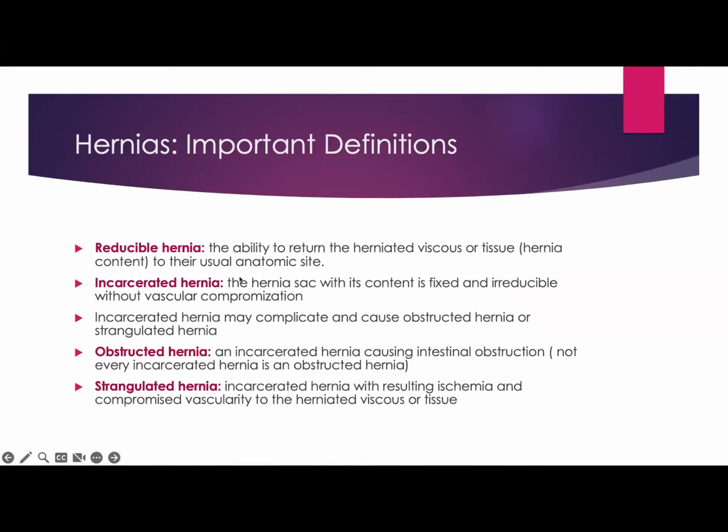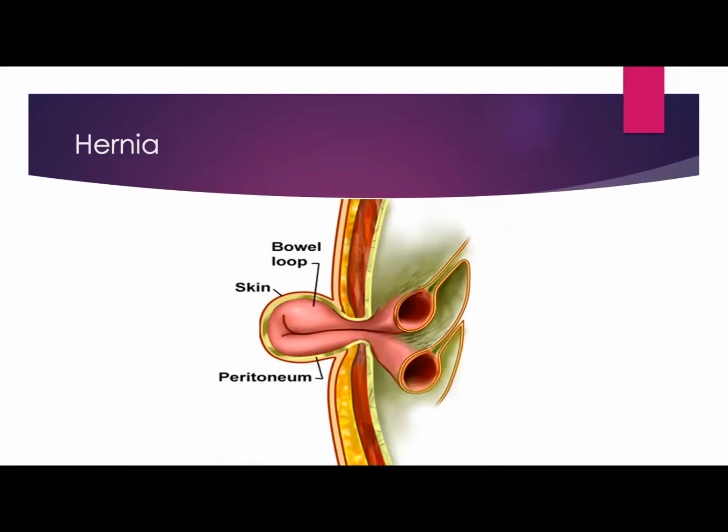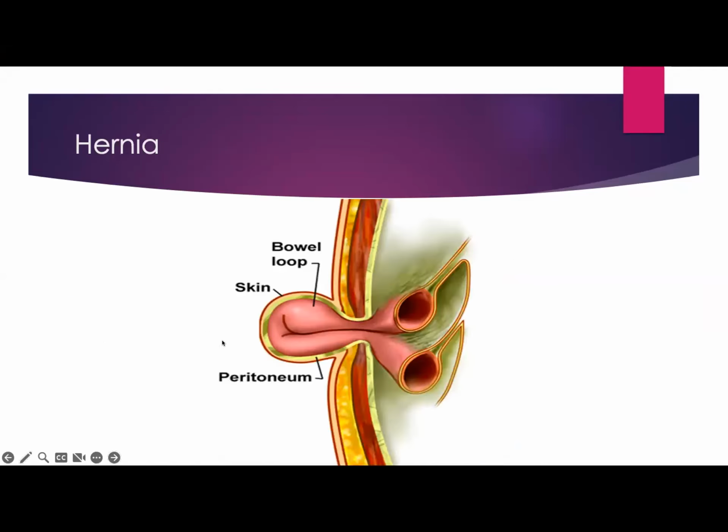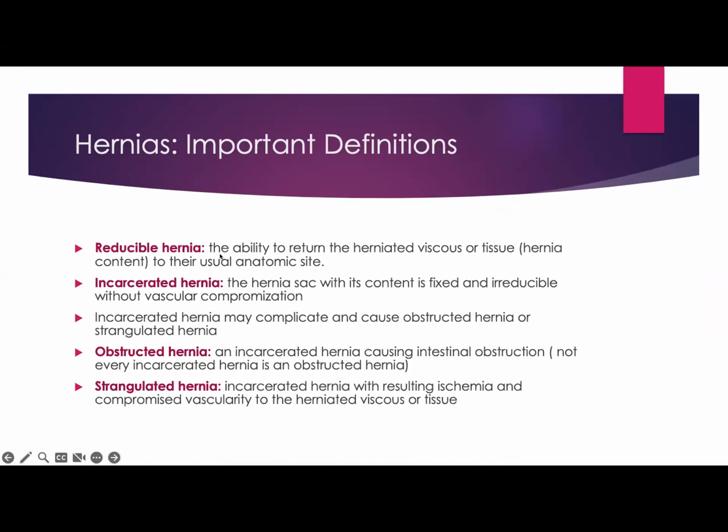So in regards to hernias, we have to learn certain concepts. We said about the types, which are external, internal, and then if the external is there but not complete, we have the interparietal hernia. However, there are certain concepts that we need to understand about hernia in general.